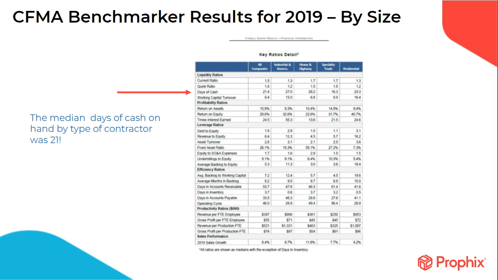What this indicates is that the size of contractors has more to do with the days of cash than the vertical they are in. So I believe the best way to benchmark against peers is to look at contractors in similar verticals of the same size. And then as you improve, look at the best of class contractors in your category as well.